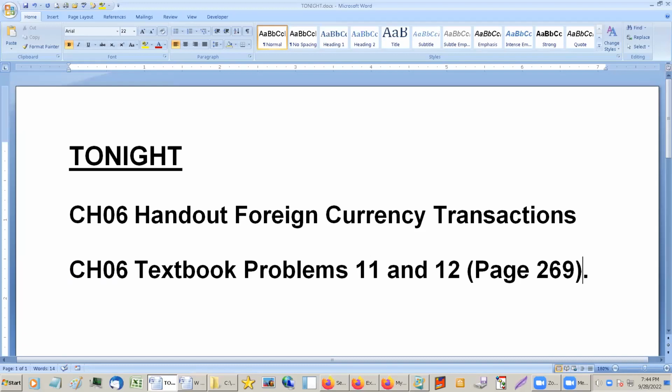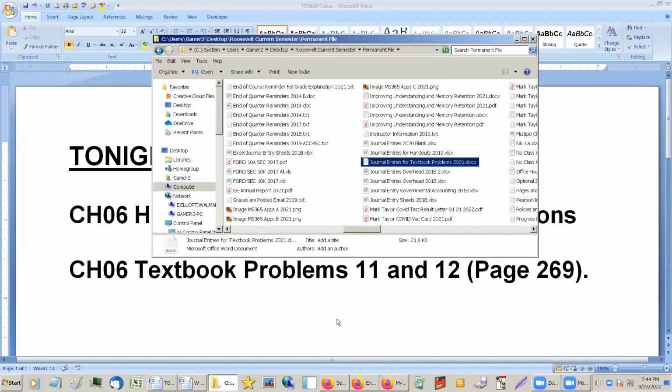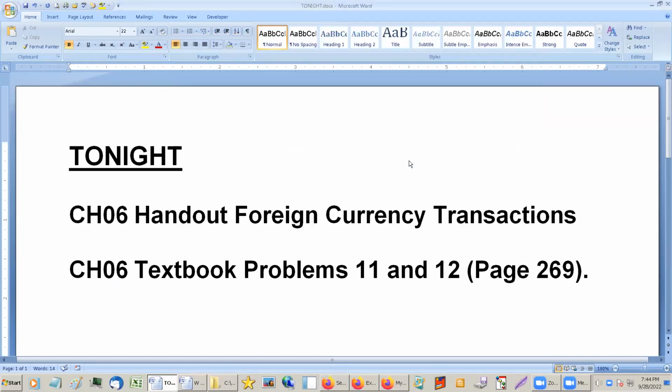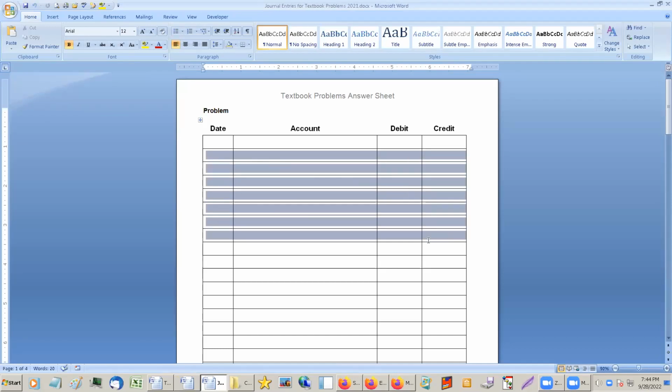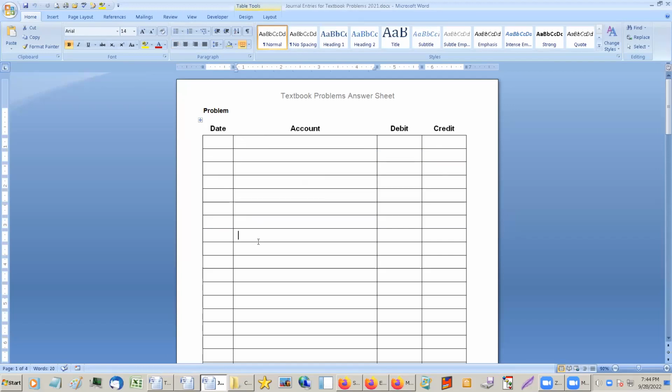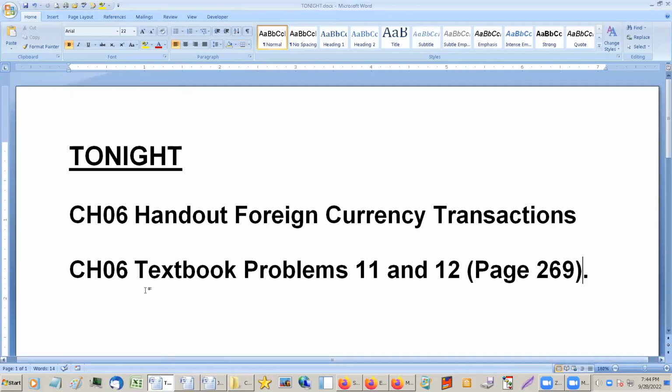Okay, I also sent in the email just recently journal entries for textbooks. You don't have to use those, but if you want to, you can use those to enter those problems. You can do calculations in the rows too. So if you want to use that, feel free to, or if you want to do notebook paper or however you want to do it is fine. Okay, so we'll go ahead and assign those. So textbook problems 11 and 12.